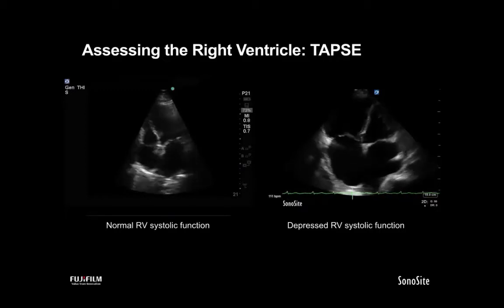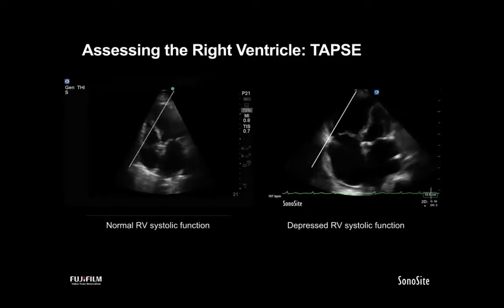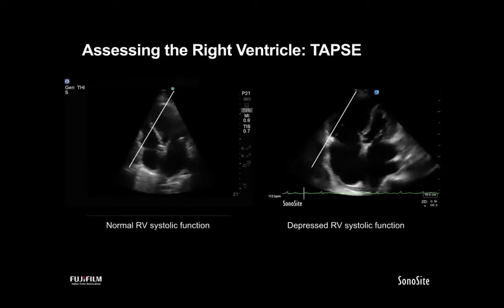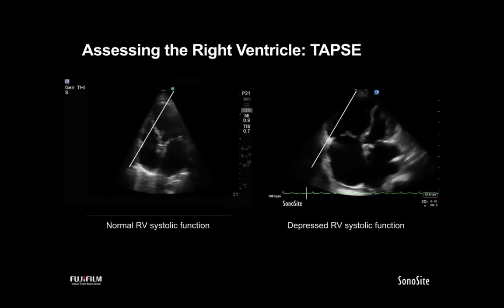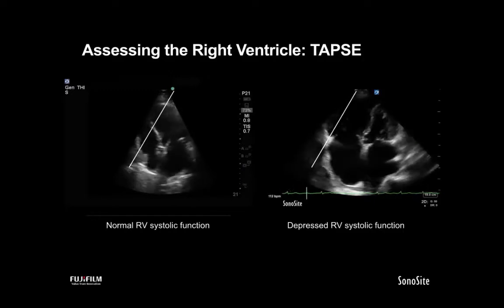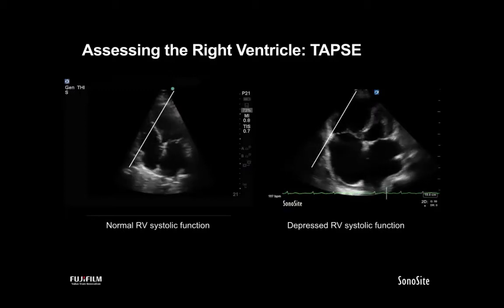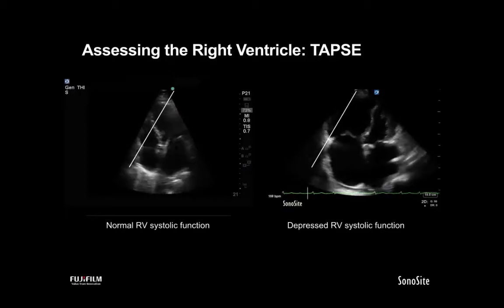So we've already talked about the eyeball method of the tricuspid plane, but now we can use a method to capture that motion, and of course motion in echo is captured using motion mode, abbreviated of course as M mode. And so capturing that motion involves placing a M mode line through the tissue of the lateral tricuspid annulus.